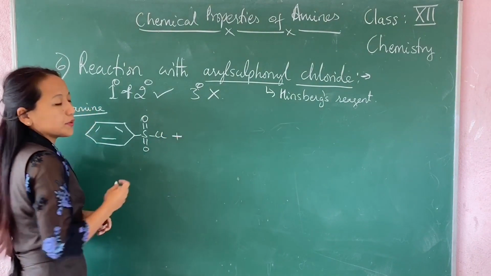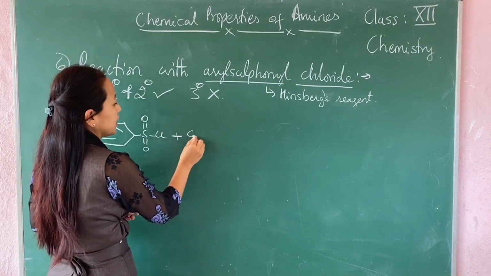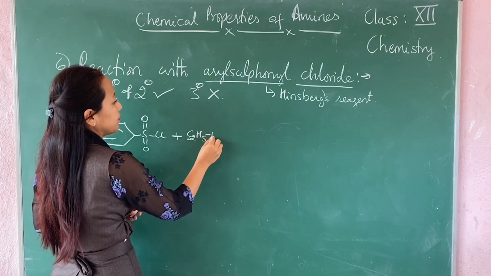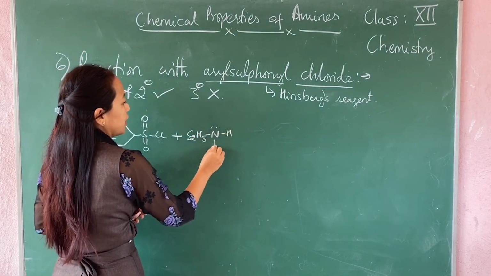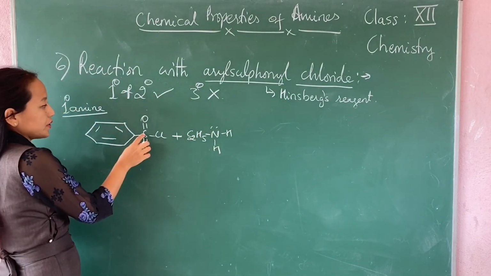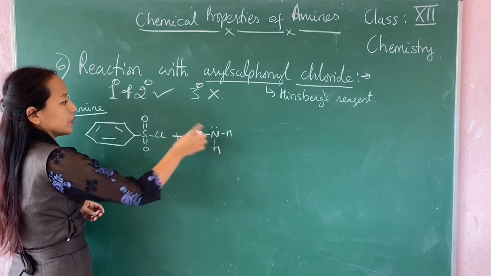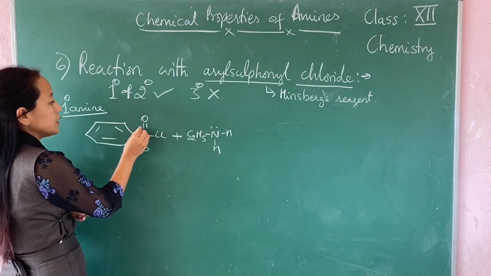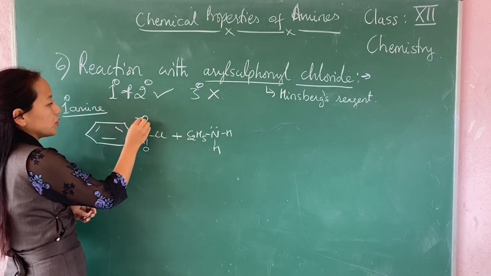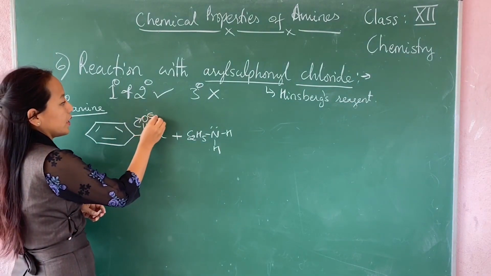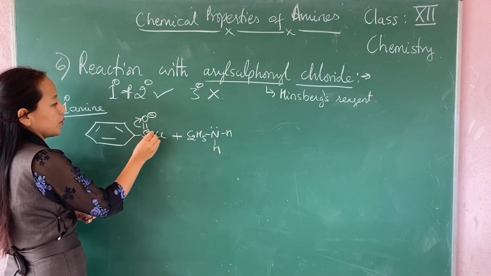Now when this reacts with a primary amine, I am taking an ethyl group instead of R, H and H. Now this sulfur will connect with this nitrogen atom. For that, these pi electrons will shift onto the oxygen atom. O will have a negative charge and this S will have a positive charge.